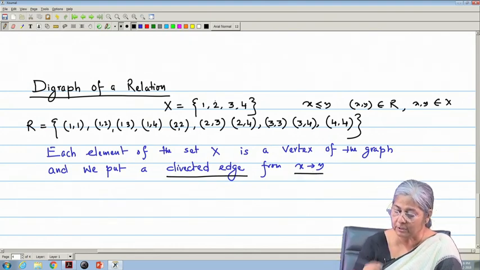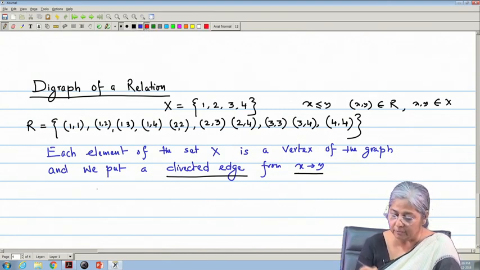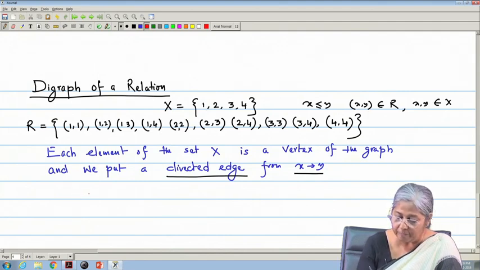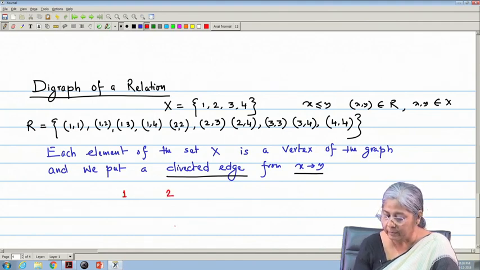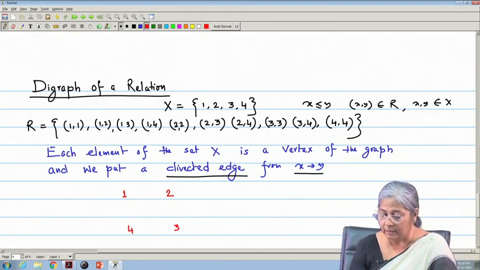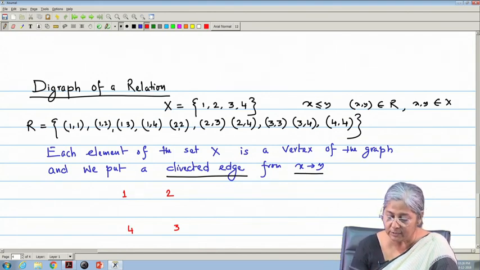So, for this particular relation, if I draw the digraph of this thing, first I have 4 elements. So, I give 1, 2, 3, 4. Then I see that (1,1) is there.